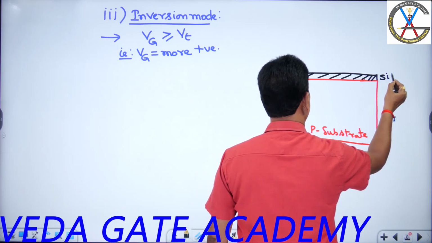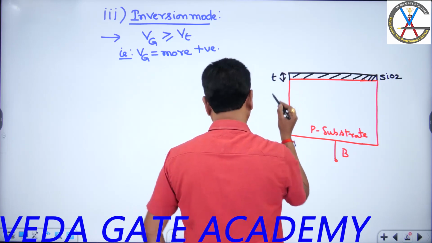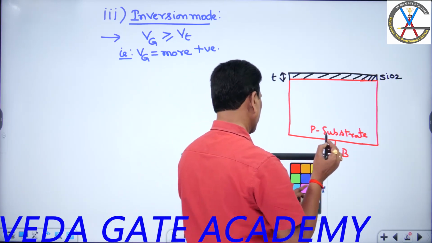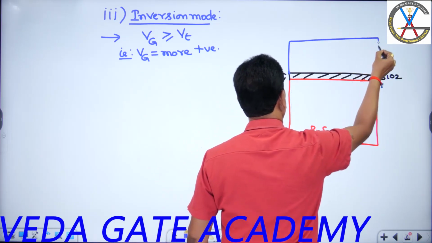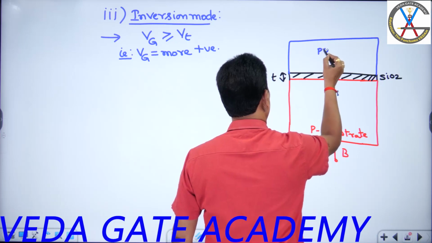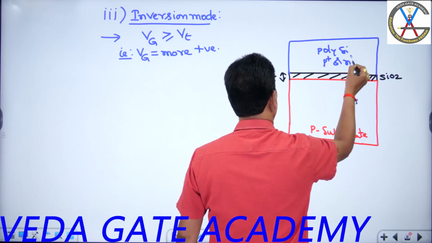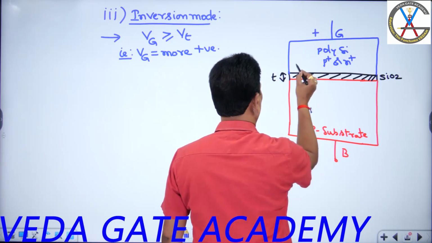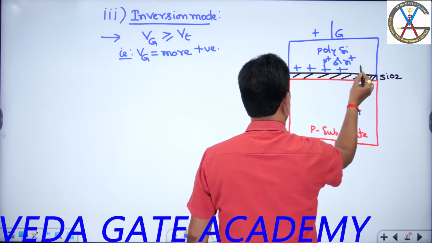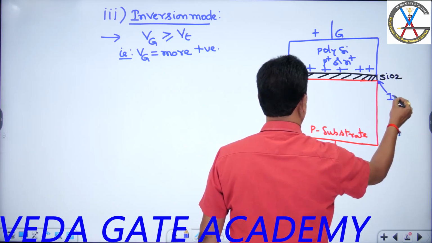This is SiO2, students, whose thickness is T. Over that, you know that a polysilicon thin material is there, of P plus or N plus. So I apply a more positive voltage. Confirm, this is the interface of the channel.